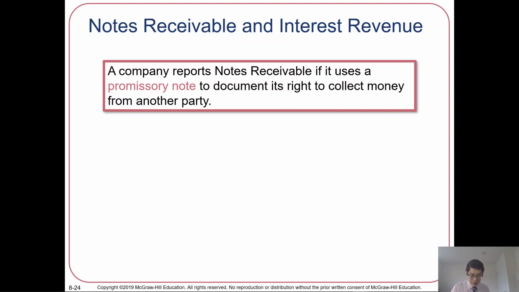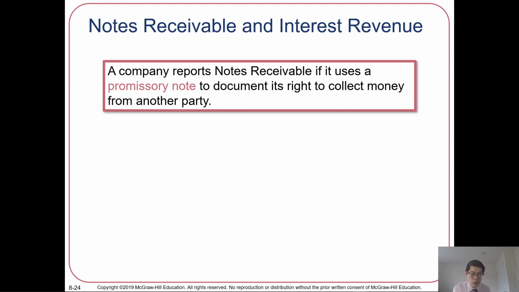So keep in mind that the difference between accounts receivable and notes receivable is mainly based on two things. First, notes receivable is more formal. And the second thing is that, in terms of receivables, only notes receivable will give you interest revenue, or another way of saying this, only notes receivable bears or carries interest.